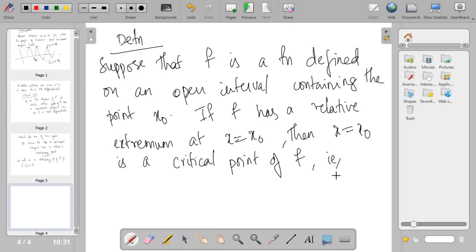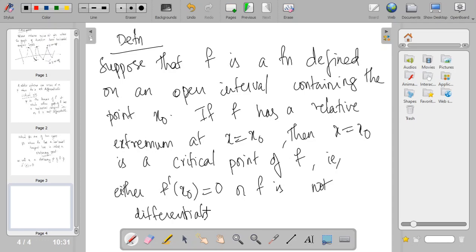That is, either f dash of x naught is equal to 0 or f is not differentiable at x naught. So that is the conclusion of our lecture.